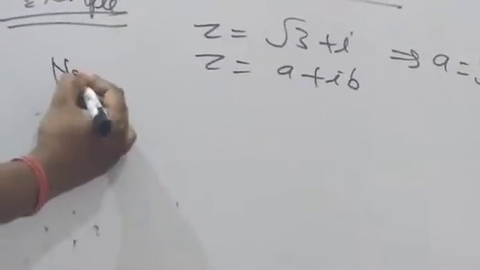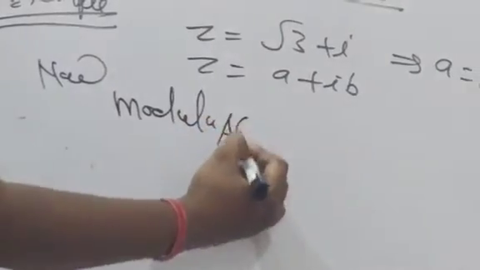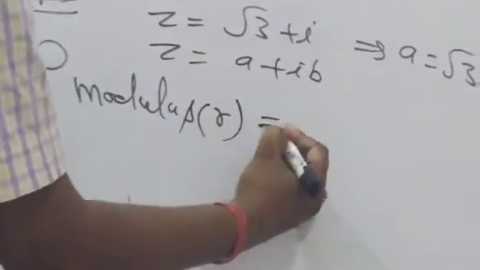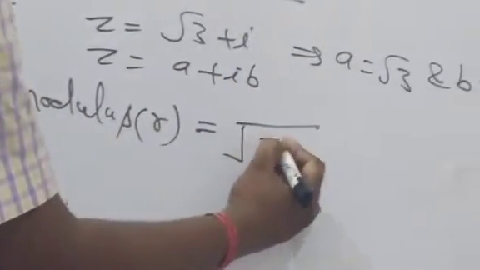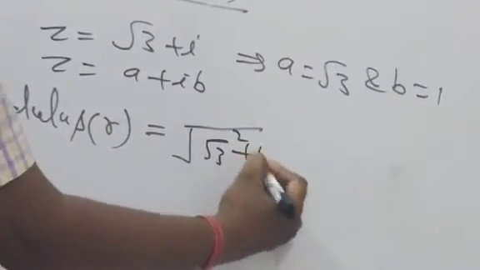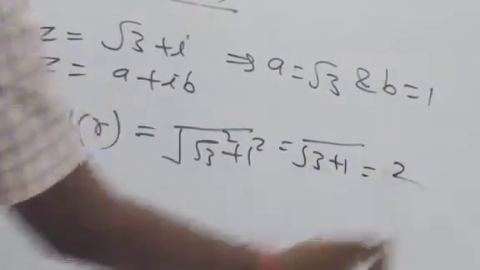Now the modulus, r is equal to under root a square plus b square, that is under root 3 square plus 1 square, under root 3 plus 1, which is equal to 2.